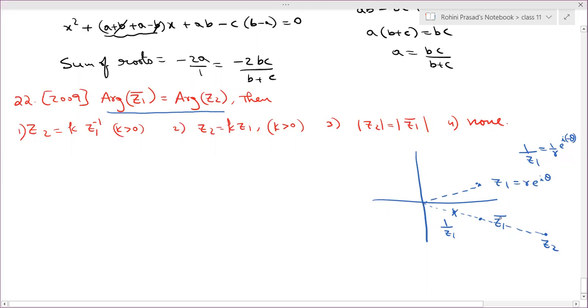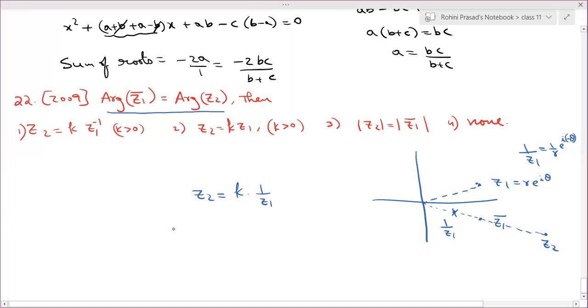They are given that z1 bar and z2 have the same argument, so obviously 1 by z1 and z2 will have the same argument. They have a difference only in the magnitude. Now if you see this, then automatically z2 should be equal to some constant times 1 by z1, because the argument is the same and the only difference is in the magnitude.